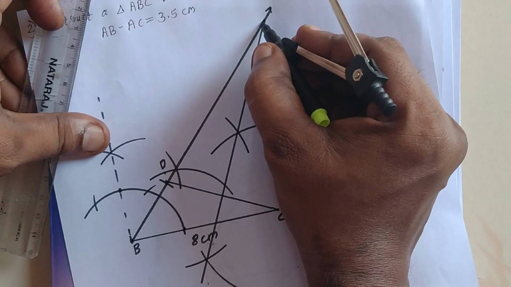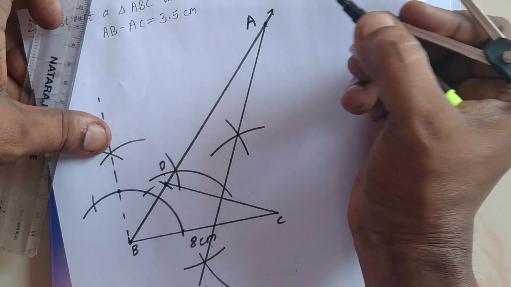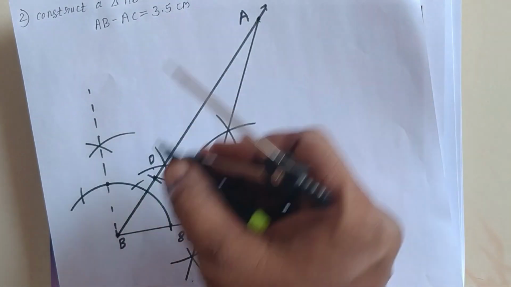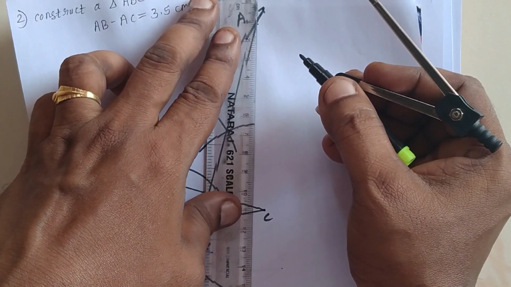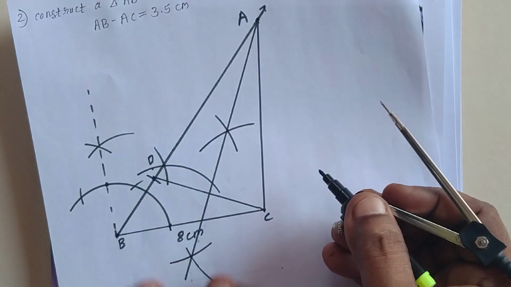Okay, so it is intersecting here. The student, this will be your A. This will be your A. Now this is ABC, join this A. Since we want triangle ABC, join this A with C.